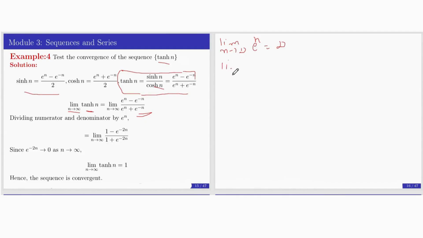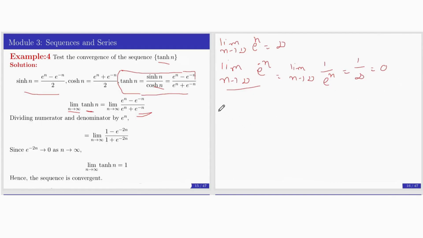Now what is the limit as n tends to infinity of e^(−n)? We can write e^(−n) as 1 upon e^n. Now apply the limit: 1 upon the limit of e^n, which is infinity, so the answer is 0. So we conclude that the limit as n tends to infinity of e^(−n) is equal to 0.